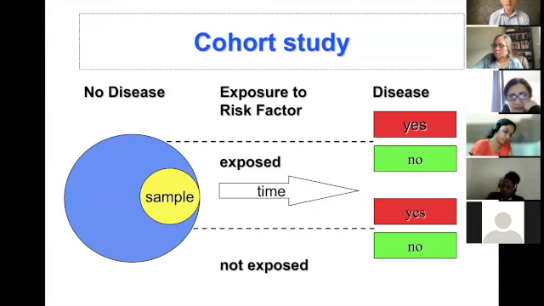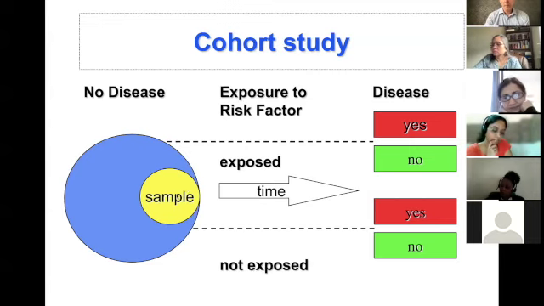And here you can see this is a typical cohort study. This is the entire population. Again, we take a sample of them, probably a clearly defined group, a cohort. Typical for them is they all do not have the disease under investigation. They can have other diseases, but not what we're looking at.